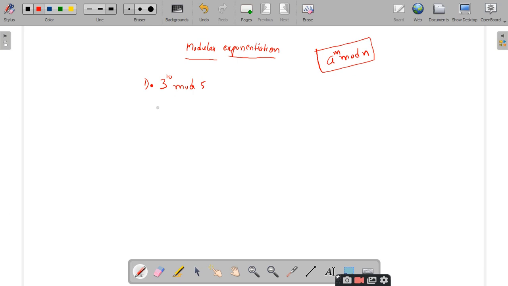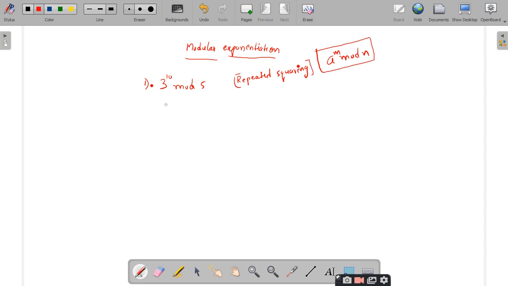Maybe your calculator is able to calculate this value or not, that is a different case, right? So how we can simplify this particular problem is by making use of the concept called repeated squaring. Listen carefully. Repeated squaring. Please be active.